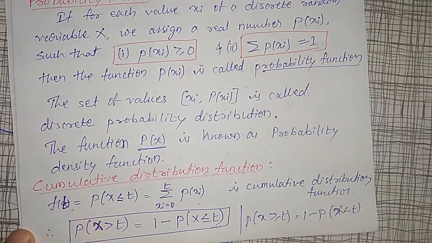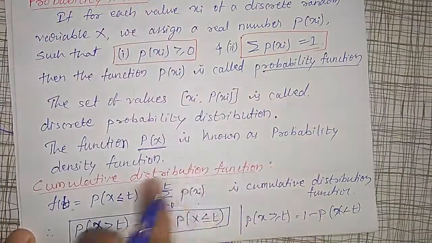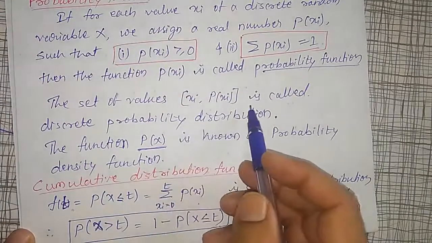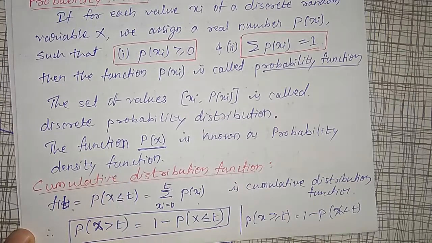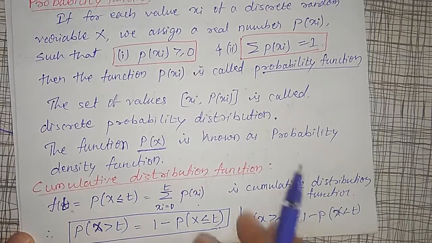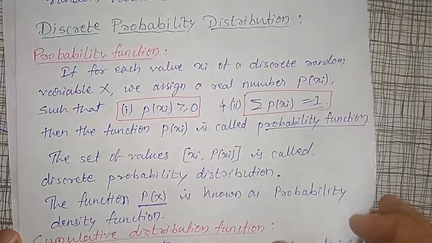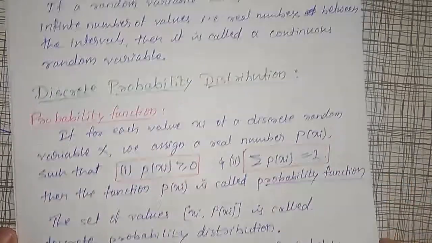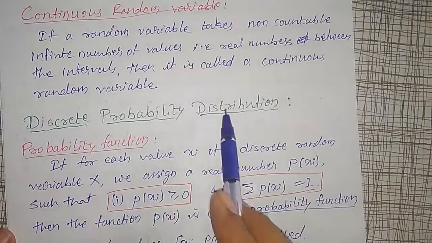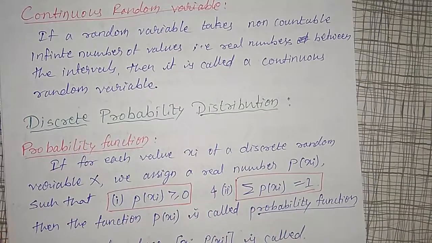With an example I would like to explain this probability function and probability distribution, as well as how to find the cumulative distributions. Why do we have to find the distribution?